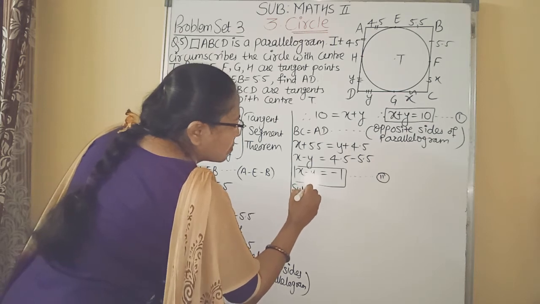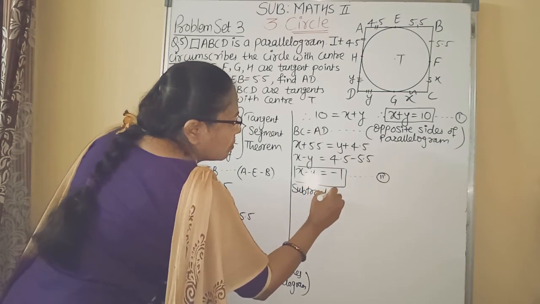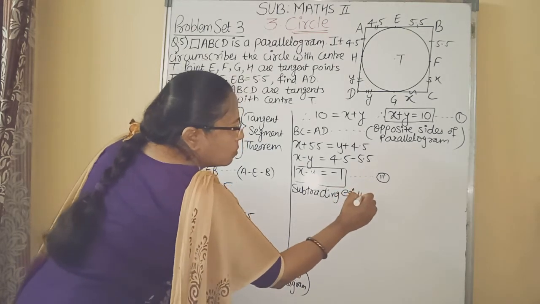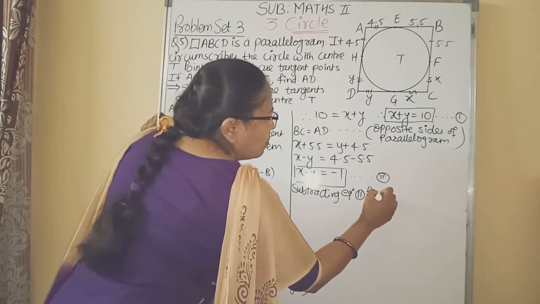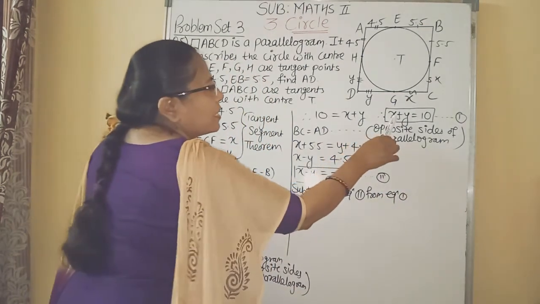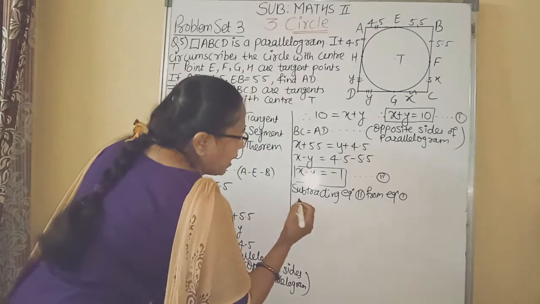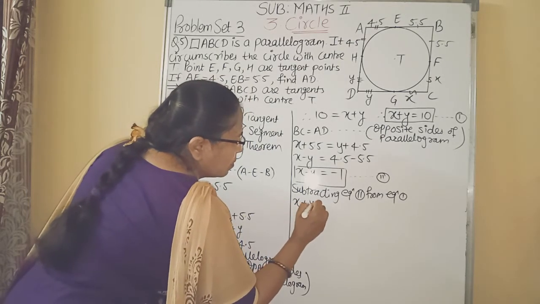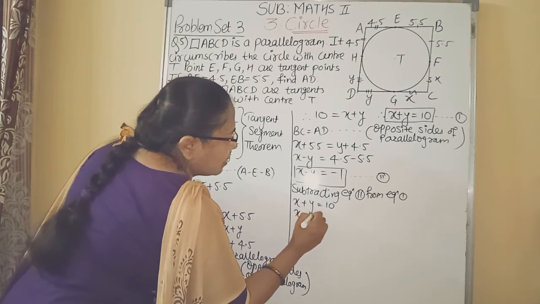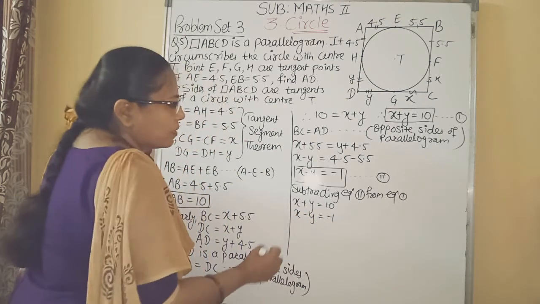Subtracting equation 2 from equation 1: x plus y equal to 10 and x minus y equal to minus 1.